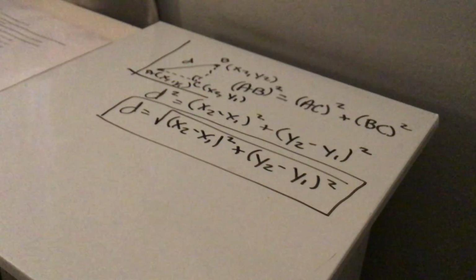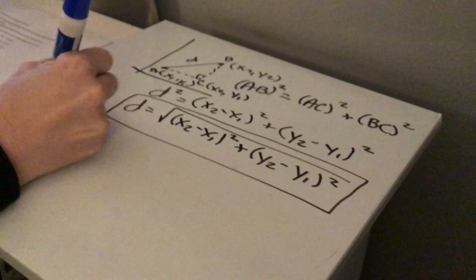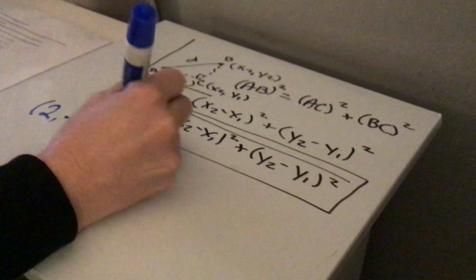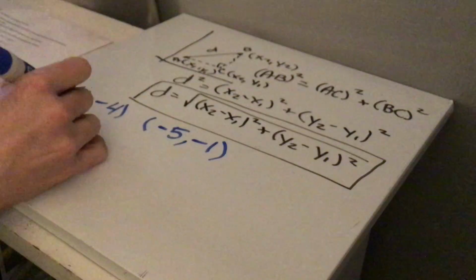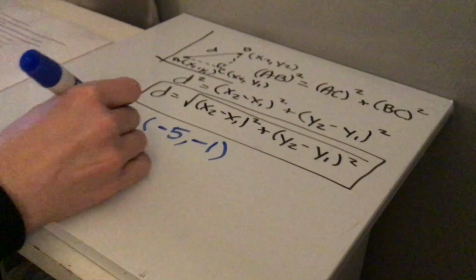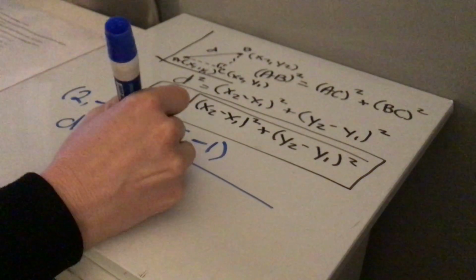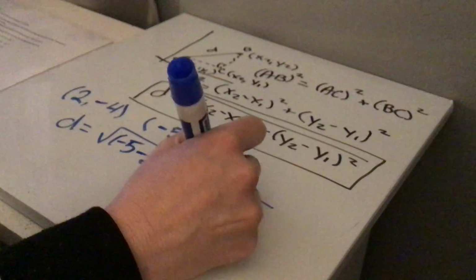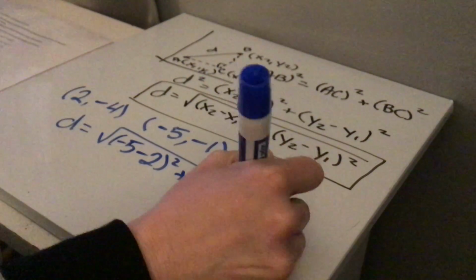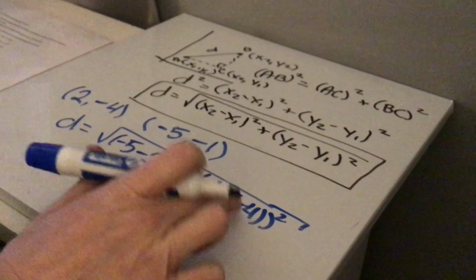So if I'm looking to find the distance between the points 2, -4, and -5, -1, then the distance is equal to the square root of the difference in their x values, so -5 minus 2 squared, plus the difference in their y values, -1 minus -4 squared. We're subtracting, and then it's a negative.